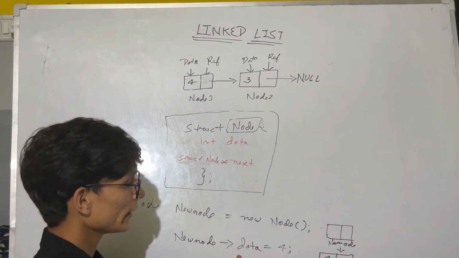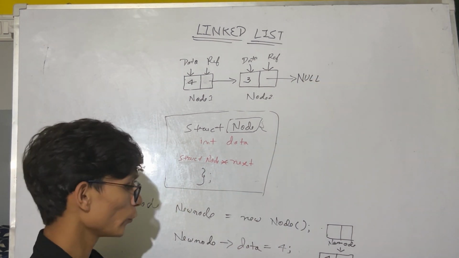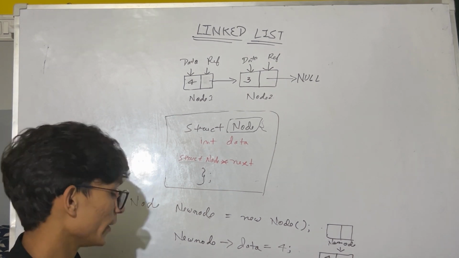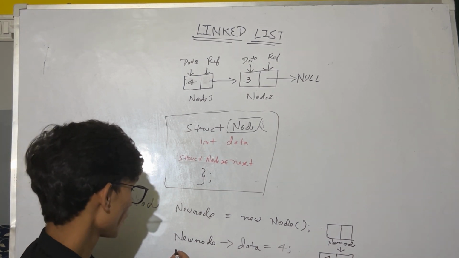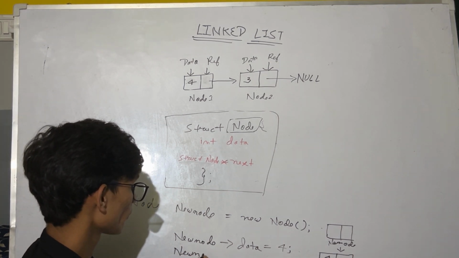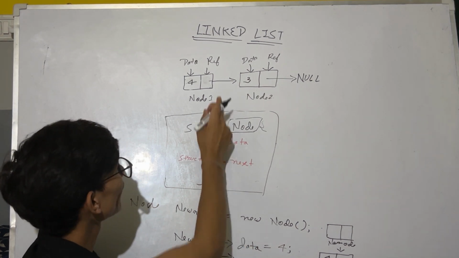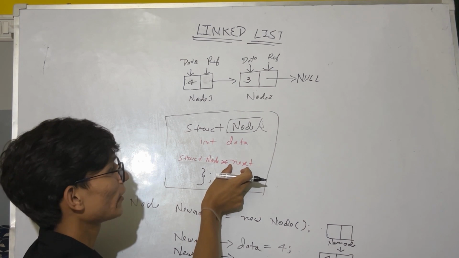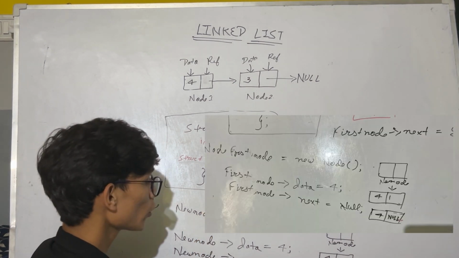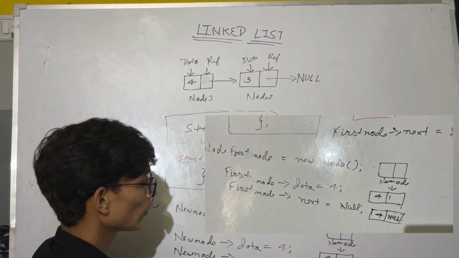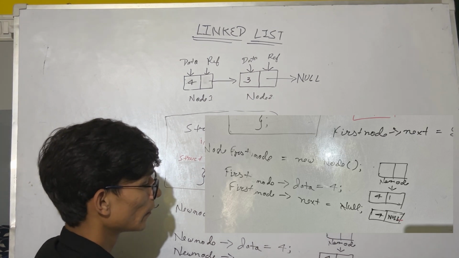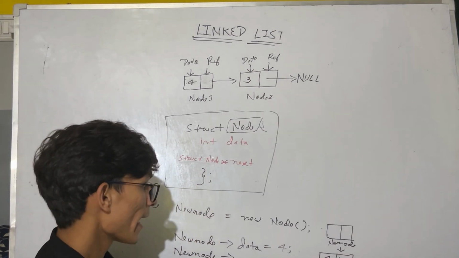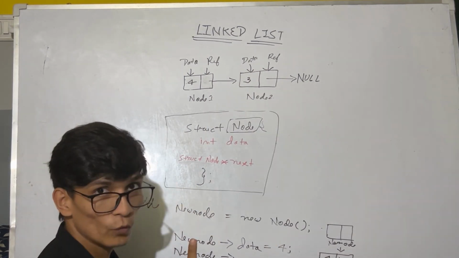For now, if there is nothing after that, we will just initialize it with new node of, which part? The reference part. And what is the reference called? It is called next, we have given the name next. So new node of next equals to null. It is pointing to nowhere. So we have created one node.